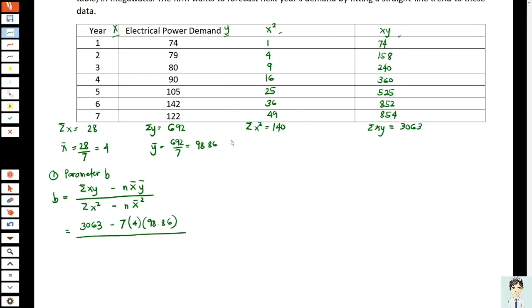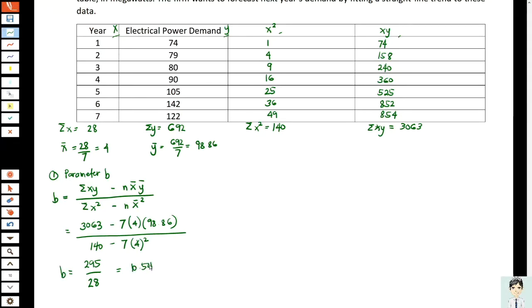Summation ng x squared, we have 140 minus number of periods times mean ng x squared. Diba? We have 295 divided by 28.